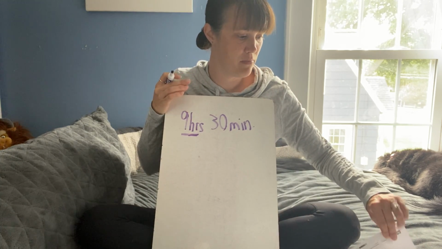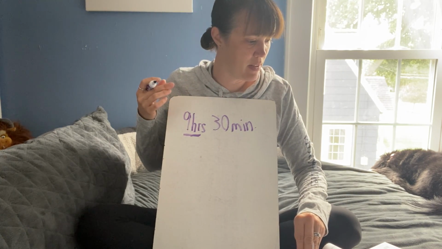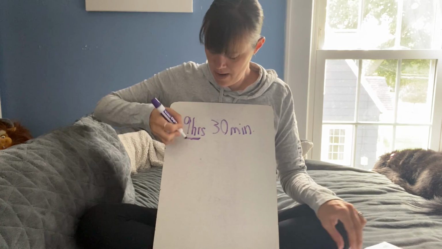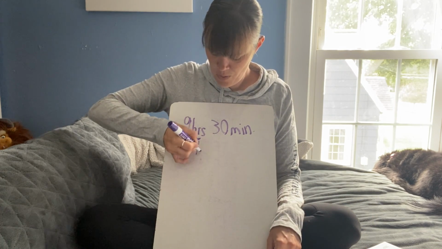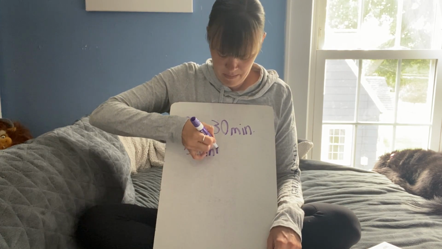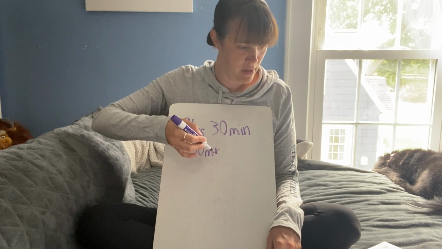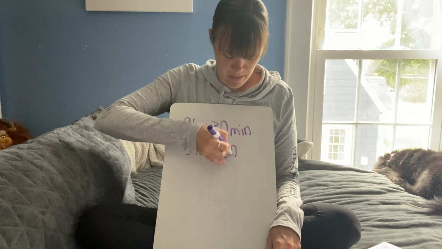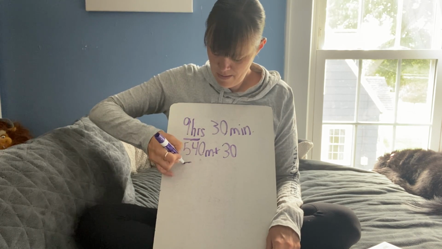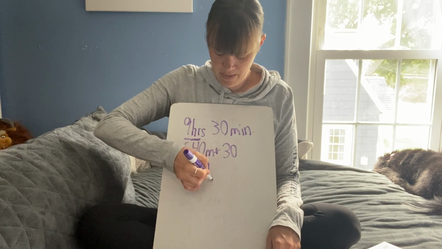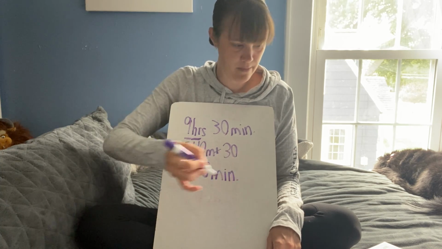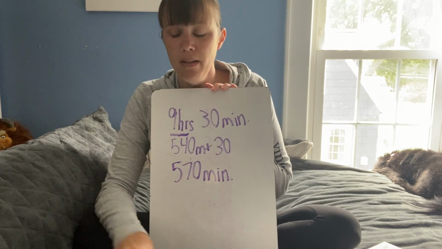So go to your chart and find it. 9 hours is 540 minutes, plus 30 minutes. So that would be 570 minutes.